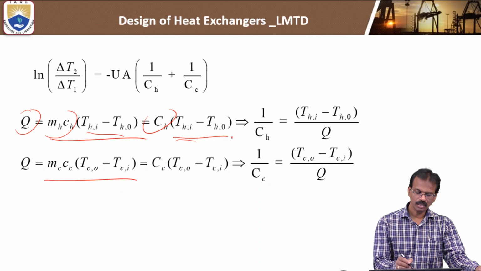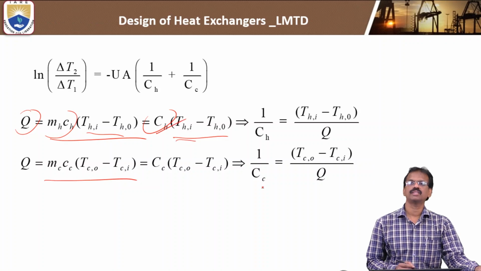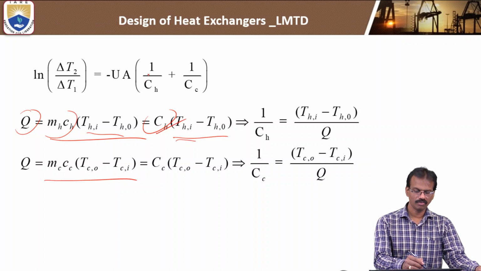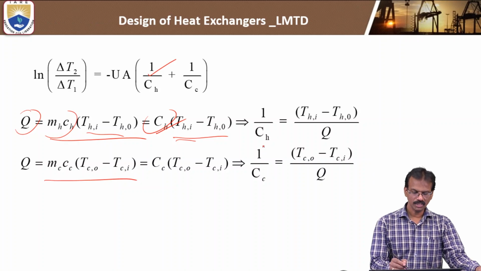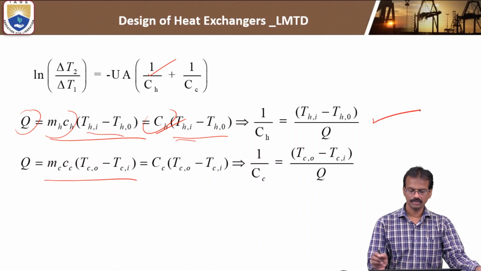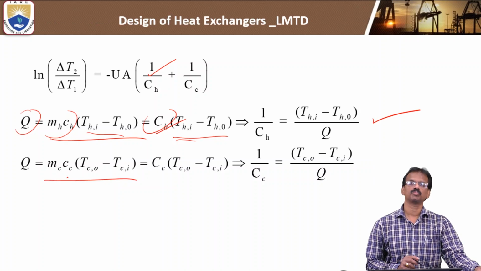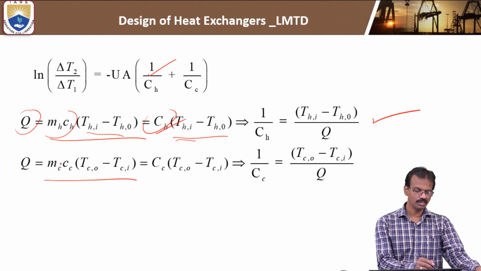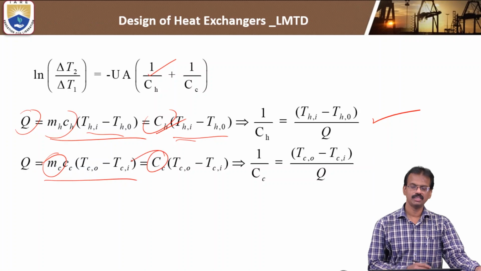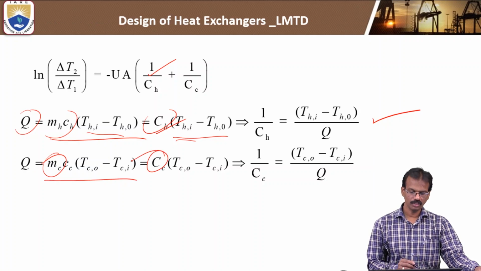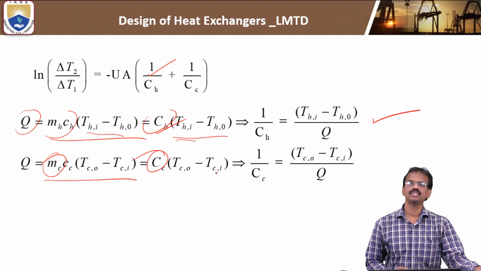Then you can rewrite this formula like this one, 1 by CH, because we require the 1 by CH. So 1 by CH is equal to THi minus THo by Q. Similarly, for the cold fluid, mC CC is nothing but capital CC, the specific heat of the cold fluid, TCo minus TCi.